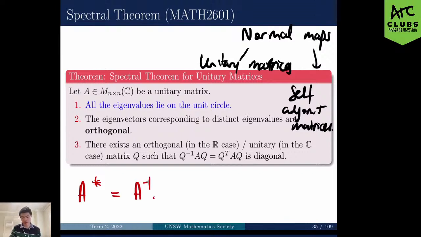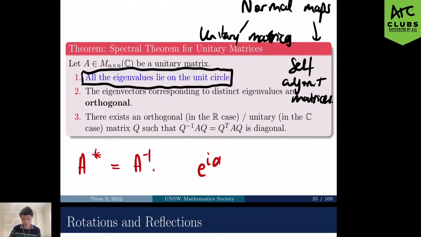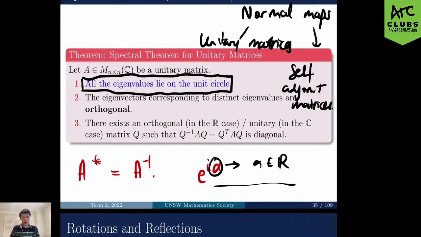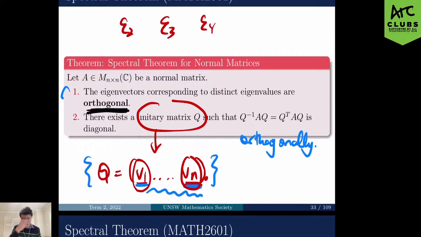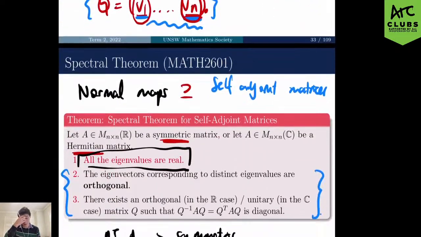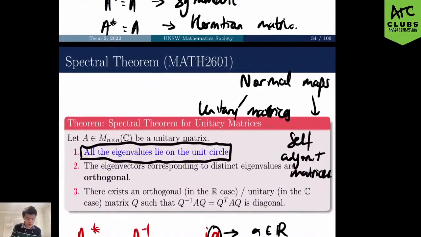And if this is true, you get another property for free. All the eigenvalues lie on a unit circle. So you'll get e^(iα) for some real α. And of course, in all three of these cases, because they're all normal, you get these two properties. But if you know a bit extra, if you know it's self-adjoint, you get this property for free too. And for this one, you get this property for free as well.